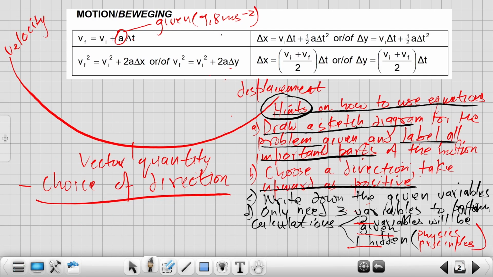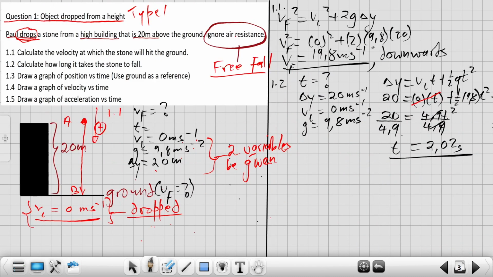Draw a sketch such that you are able to see the information that is given. Also label the important parts of the motion, choose the direction, identify the variables, and remember only 3 variables are needed to perform a calculation. So 2 will be given and then 1 will be hidden. That is where we apply the physics principles.